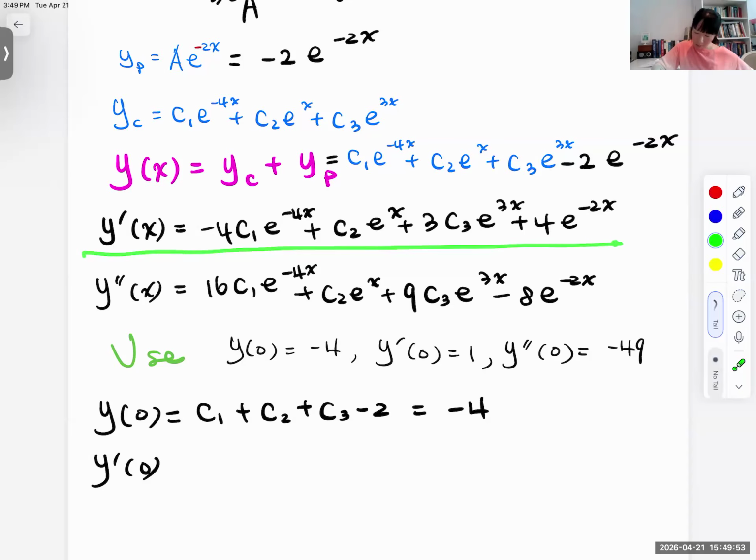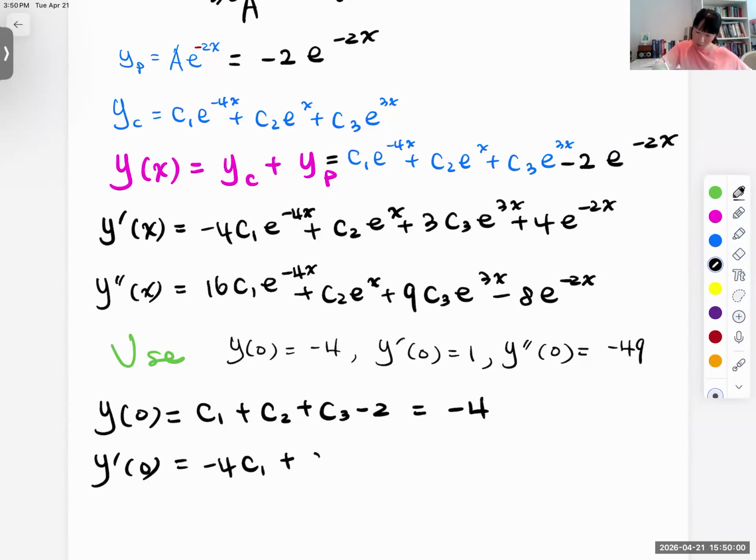y prime of 0, looking at this one. So we get negative 4 C sub 1 plus C sub 2 plus 3 C sub 3 plus 4. So there will be positive 1.